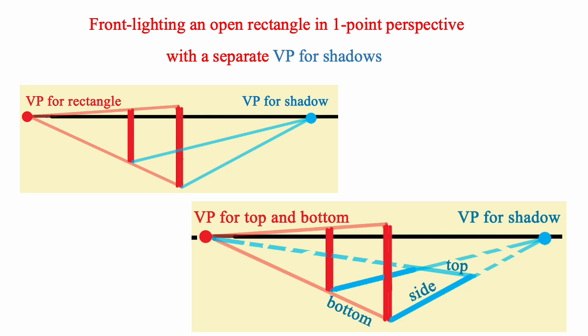Unlike the previous rectangle, which only had one vanishing point, this one has two, one for the rectangle and one for the shadow. And you can see the top and bottom of the rectangle, including their shadows, go to the vanishing point over here, while the parts of the shadow that go through the base of the pole go to the vanishing point over here.